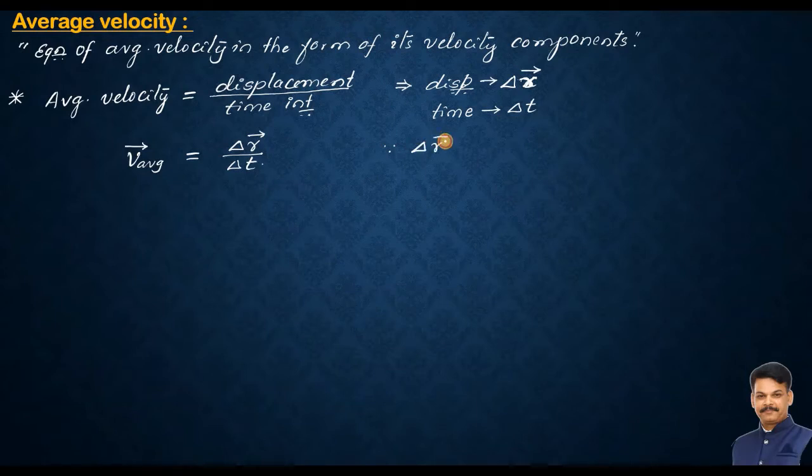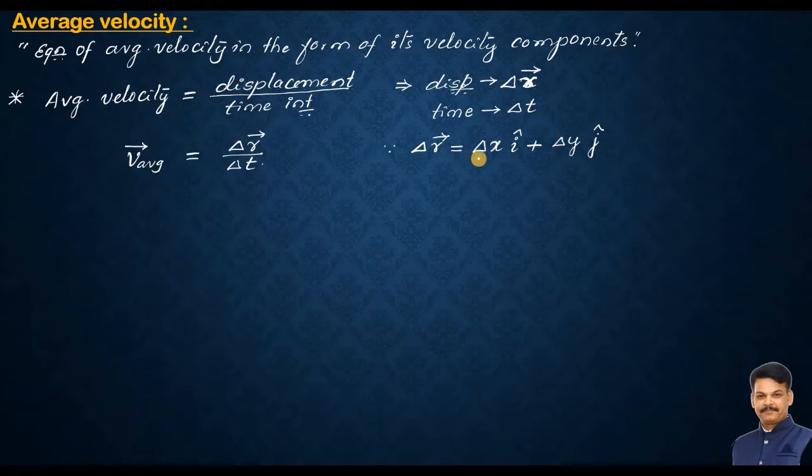Now we know that delta r, the displacement vector, can be expressed in terms of its components along the x-axis and y-axis. Just recall your previous class. We know that delta r is delta x into i cap plus delta y into j cap.